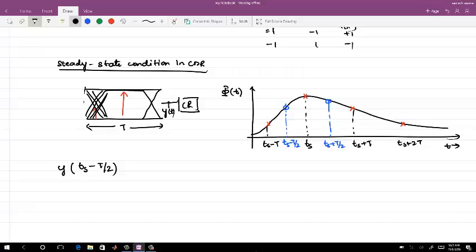If you feel anything here, let me know. Let's write it: y of nT plus Ts minus T by 2.